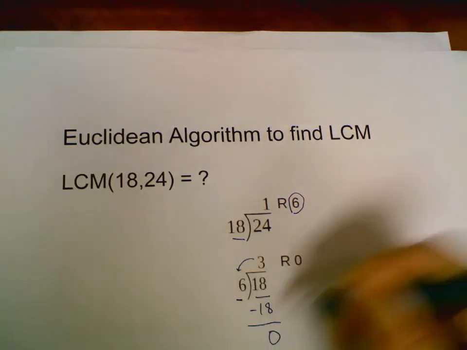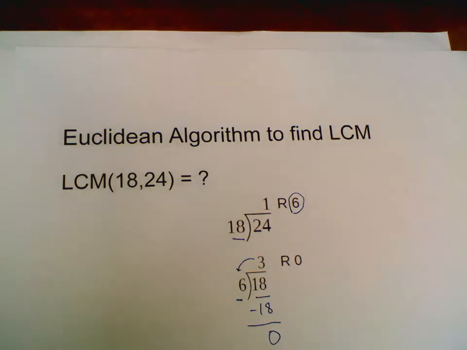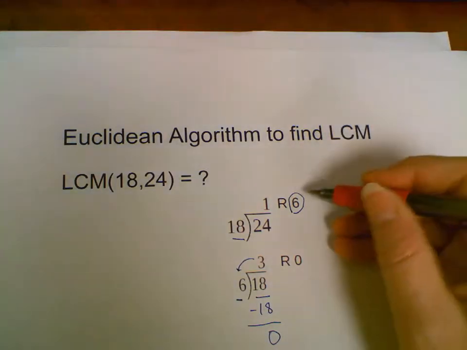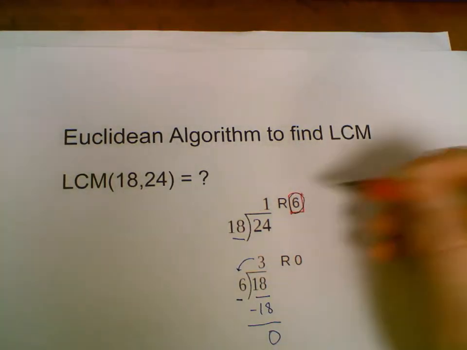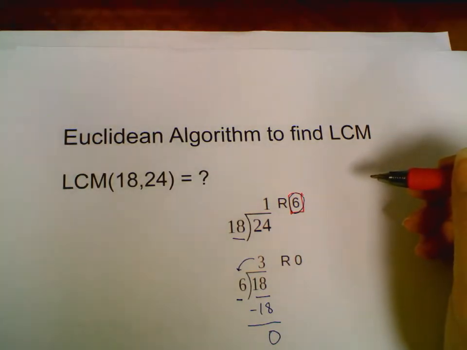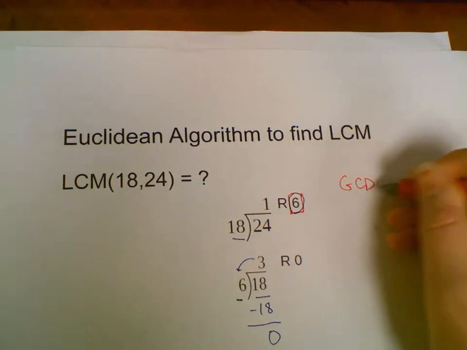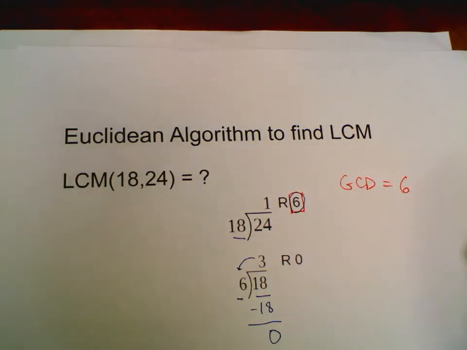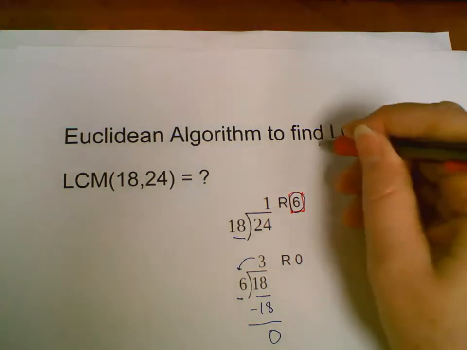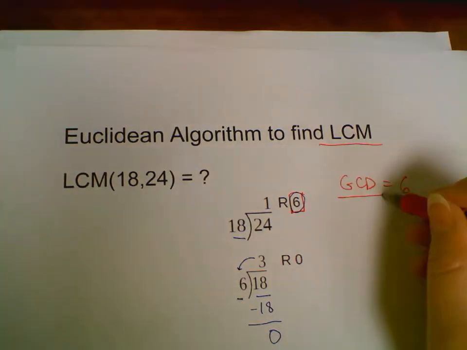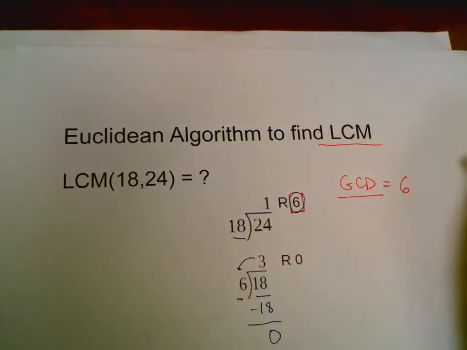There's no remainder. When there's no remainder, I get to stop, and the answer is the previous remainder. Oh, but that's the greatest common divisor, 6. That's not the answer to the least common multiple. That's the greatest common divisor between 18 and 24.